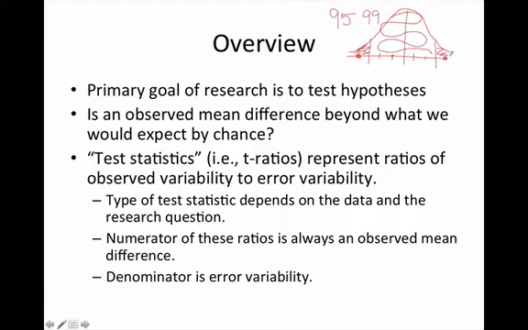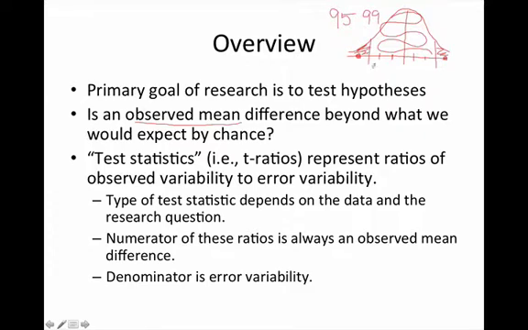I can set up areas of significance that correspond with different areas under the curve. And then if I observe a score within these areas, then I can conclude that my observed mean is different beyond that which we would expect by chance. And the researcher defines that area.